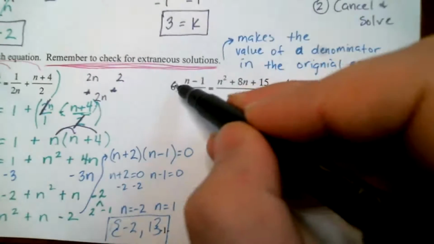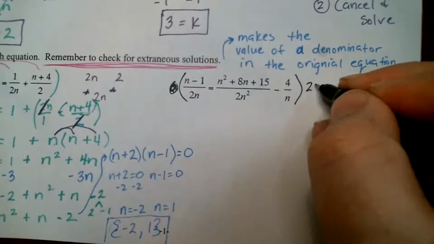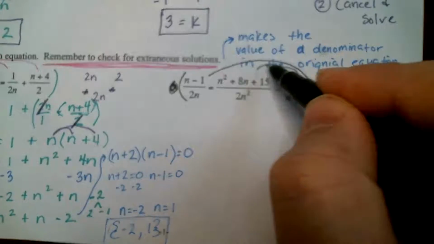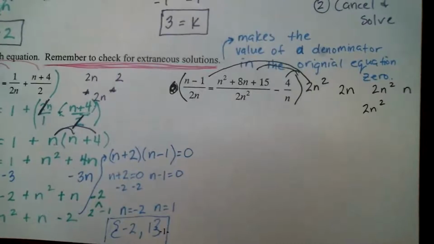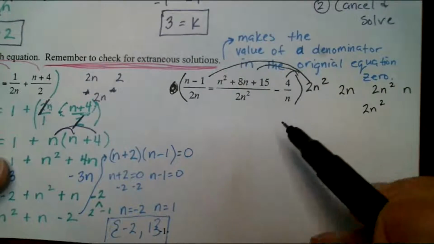All right, so here we go. I'll multiply everything by 2n squared. I'm just going to write it on this side. So distribute, distribute, distribute. Then from there, I just set up everything.